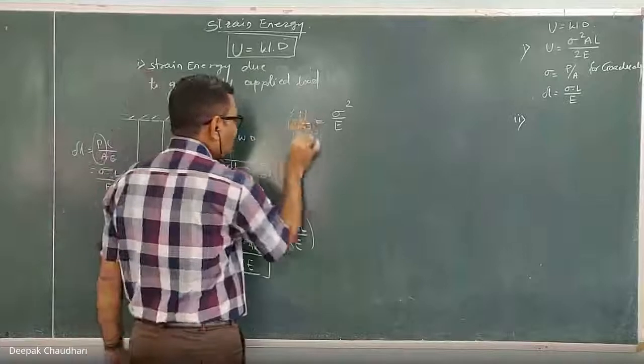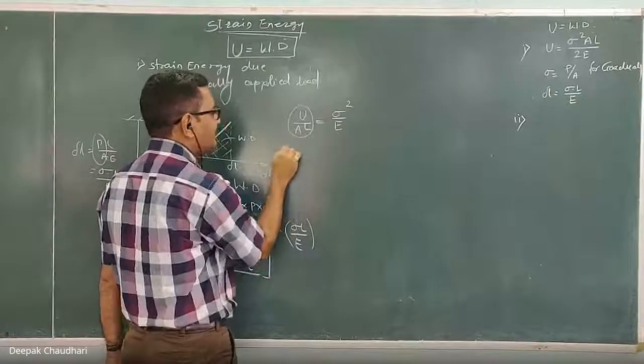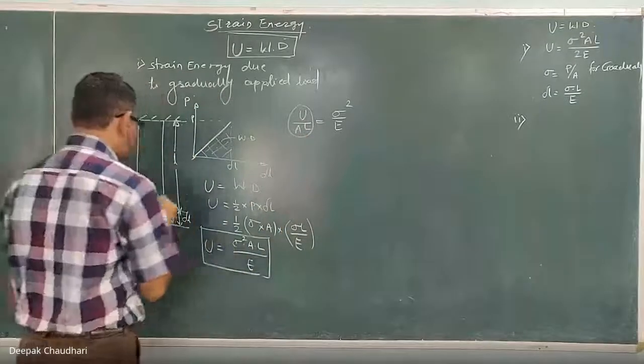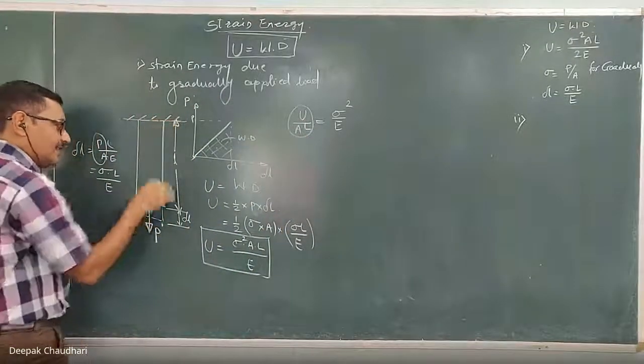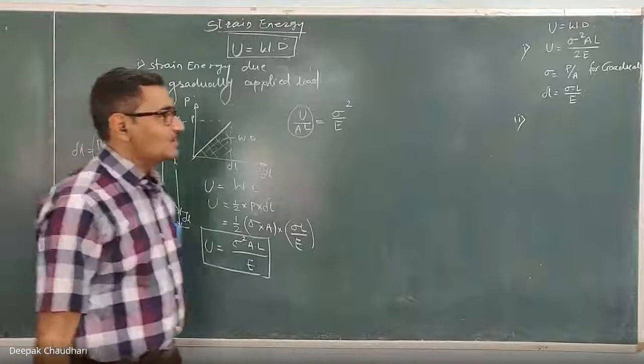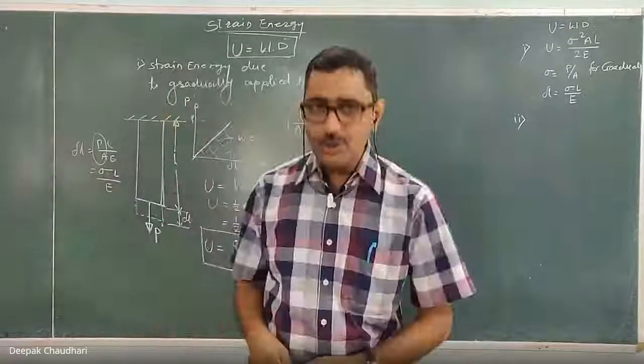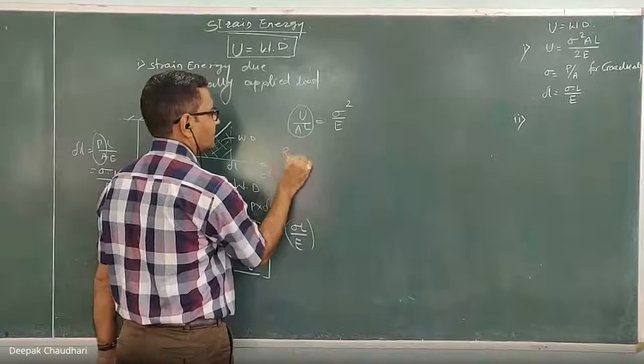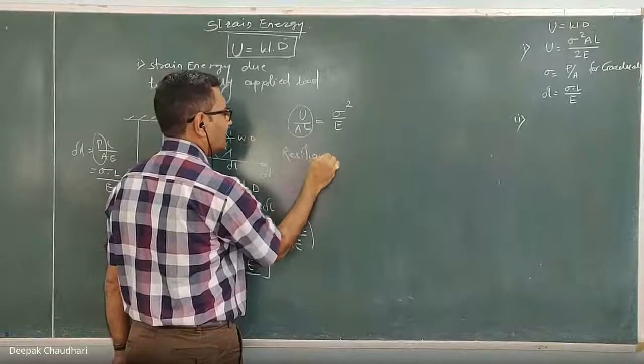So this U upon AL is the strain energy stored per unit volume. The cross-sectional area is A and the length is L, so it becomes the volume. Strain energy per unit volume is known as the resilience.